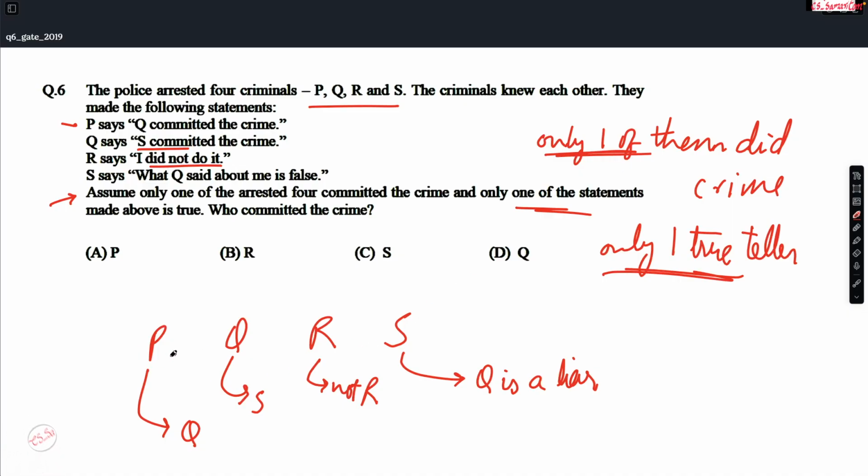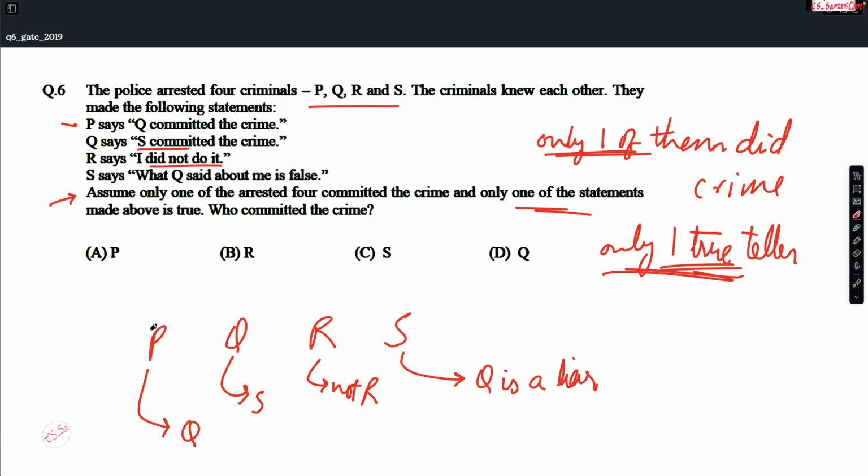So we could consider P as a criminal, then Q, then R, and likewise we can do reductions. And one more thing that has been told to us is that only one of them is telling the truth. So if I assume that P is the criminal, then out of these 4 guys saying stuff, only one of the guys must be telling the truth, and that is how you do reductions, right? If everything fits, then that is your answer.